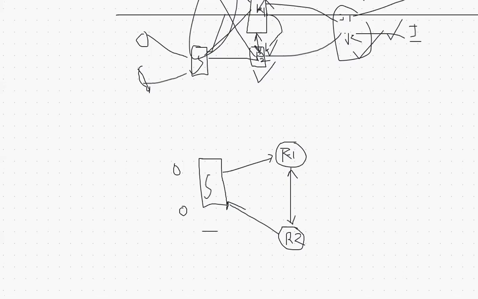And we also have another switch. And this will be connected to this router, and this will be connected to this router. So we have a full mesh here, but we also have a loop here.